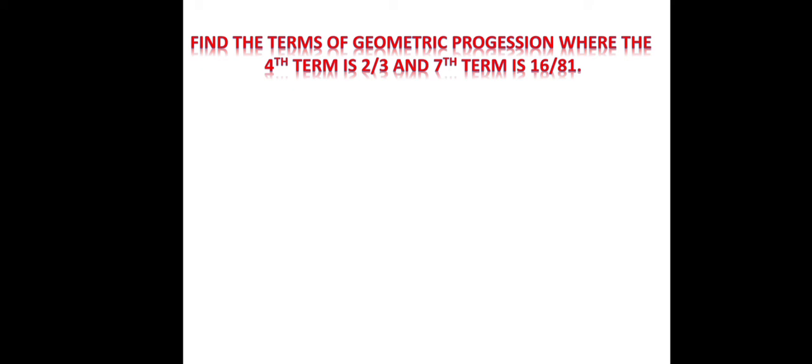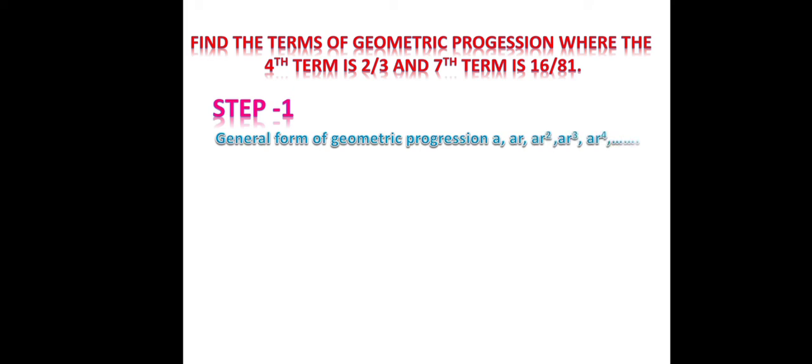3072. Considering another problem, that is to find the terms of a geometric progression where the fourth term is 2 by 3 and the seventh term is 16 by 81. So write the general form of the GP.